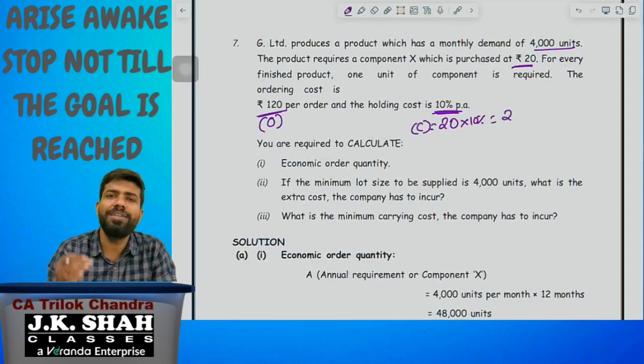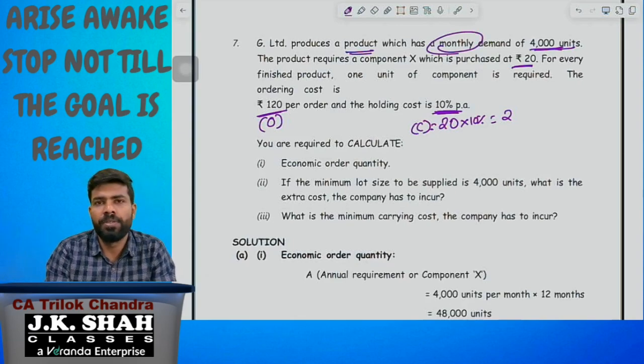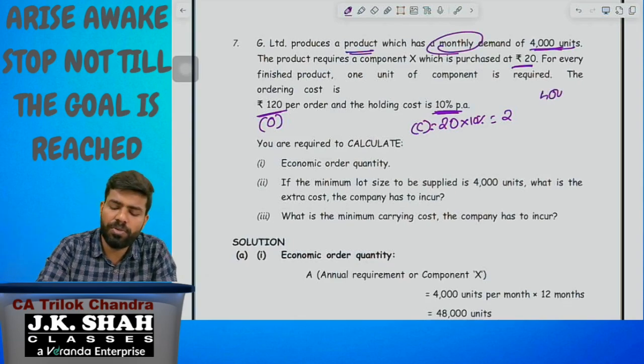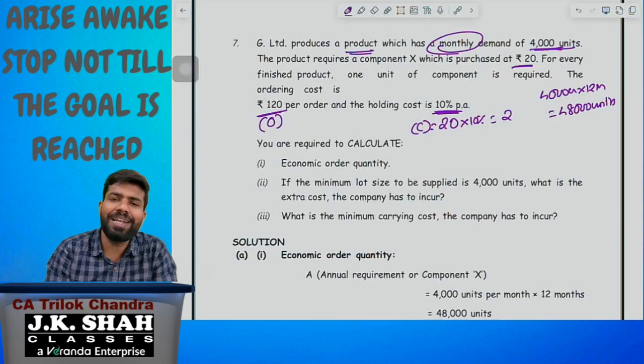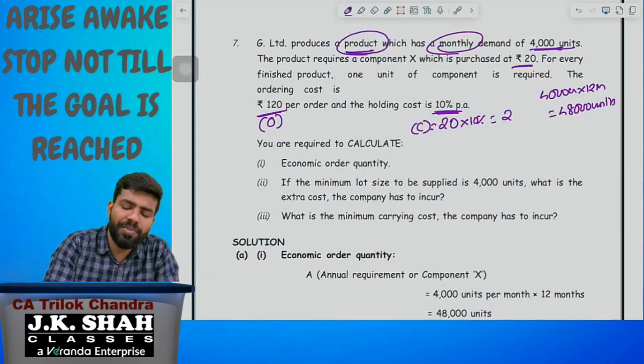OC. Now the point is about A. The company produces a product which has a demand of 4,000 units per month. They gave monthly information; convert it into per annum. So 4,000 units into 12 months equals 48,000 units. Please understand this 48,000 units is the product, that means finished goods.